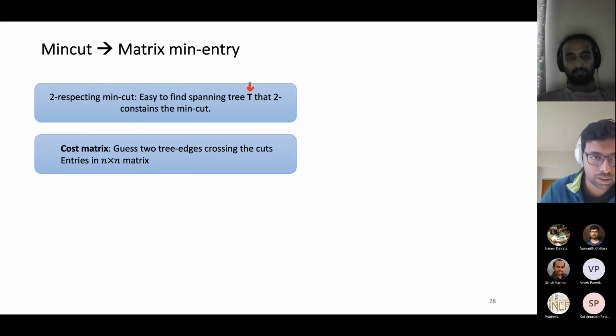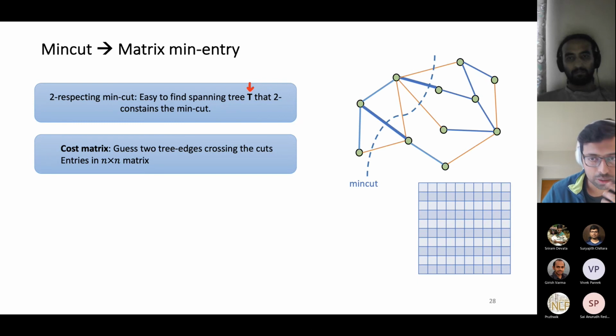So you can look at something called the cost matrix. As always, because this is a two respecting cut, you can put them as rows and columns of a matrix. What you're going to put in the rows and columns are the edges of the spanning tree. In the ith and jth entry over here, you're going to put the value of the cut which cuts ei and ej exactly.